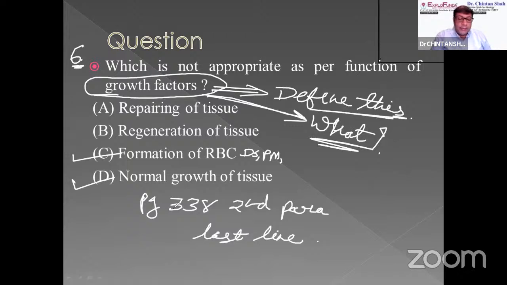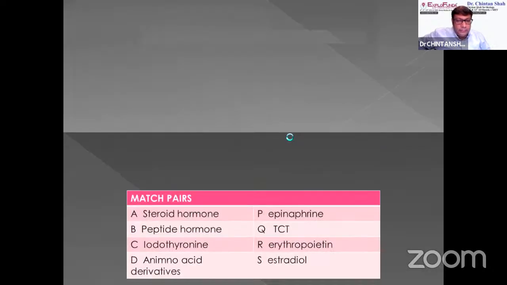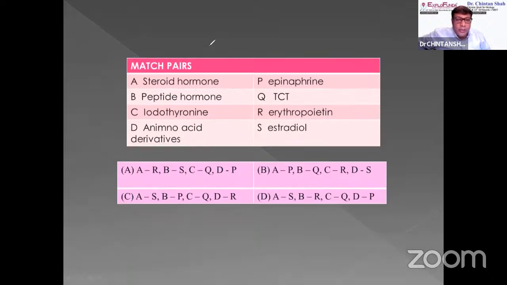Now I am asking Prarthana. Prarthana, are you getting this page number 338, second paragraph, last line? Regeneration, repairing, and normal growth of tissue. But over here, there is nothing about the formation of RBC. Yes, so Prarthana agrees with me, and that's why I'm moving further to the seventh one.